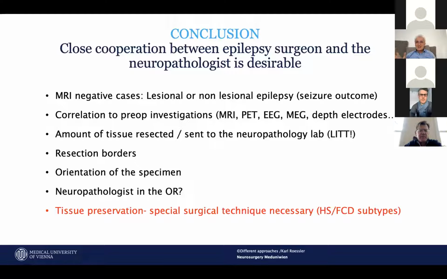This question is, I think, best addressed by using this sub-BL or block resection technique I introduced at the beginning of my presentation. By using this, you have much tissue preserved, and you get the chance for your patient that he gets an appropriate diagnosis, and you also have enough tissue for basic research, which also is one major point at the university clinics.